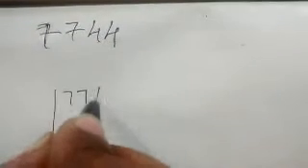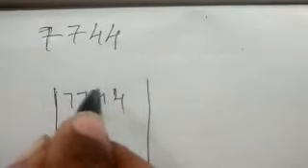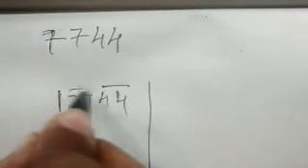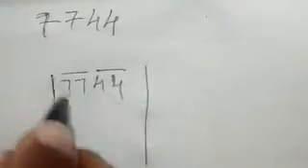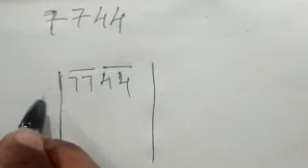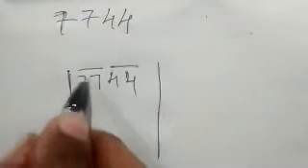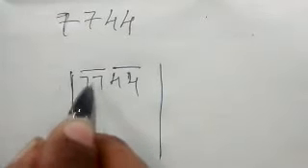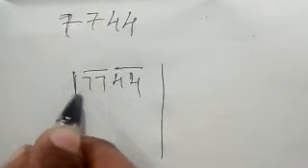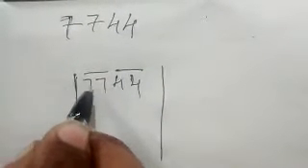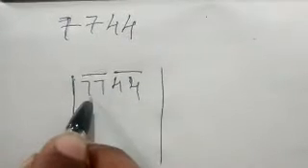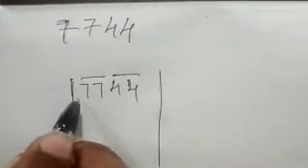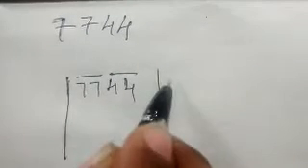So now we are going to take 7744. What is the rule? We have to take the pair from the last. So this is a pair. What is the table we are going to take? 2 2 is 4, that is a very huge difference. 3 3 is 9, a difference. 4 4 is 16, still there is a difference. 5 5 is 25, 6 6 is 36, 7 7 is 49, 8 8 is 64.